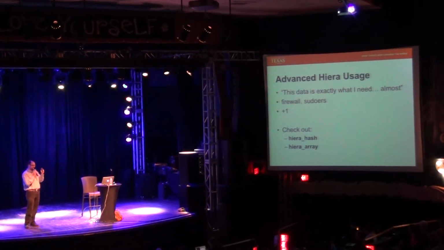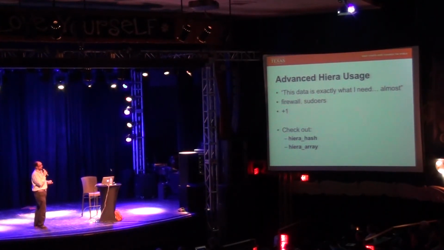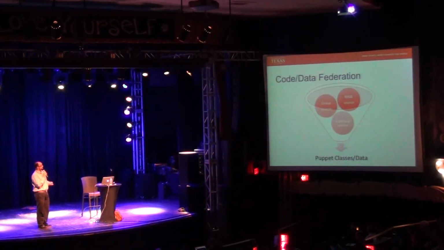It's what you need, but it's just not quite. You need one more thing, like a firewall, or you love the default users, but you need to add one person to it. I won't get too much into it, but this is a good case for the hierarchy hash and the hierarchy array function, both of which, you give it a key, and it'll add data to that key for each level of the hierarchy path, which is really handy. And we actually use this in quite a few modules.